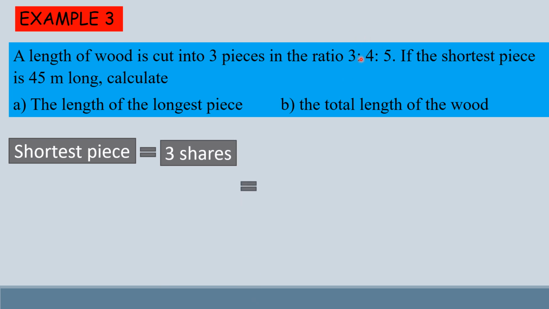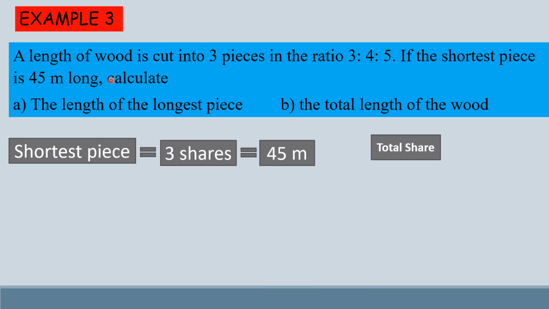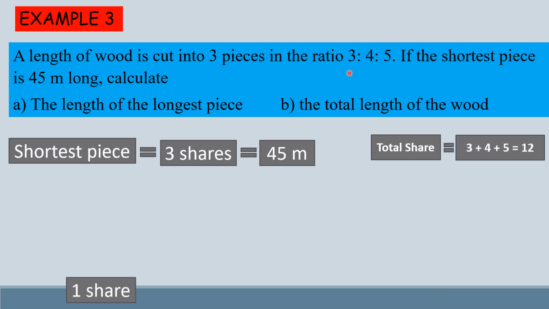So that's 3 shares, and it's equal to 45 meters of the wood. Let's work on the total shares. We're going to add up 3 plus 4 plus 5. That is going to give us 12.